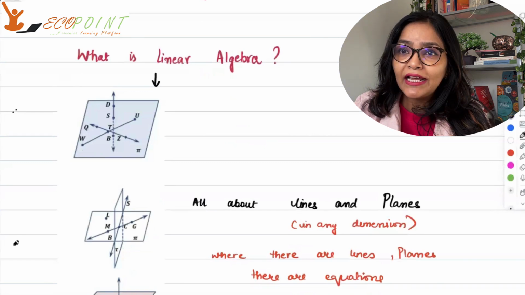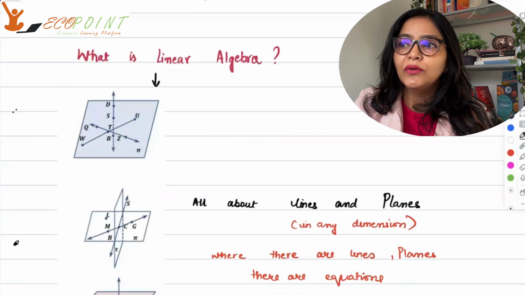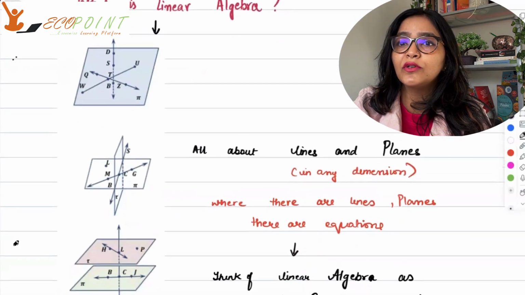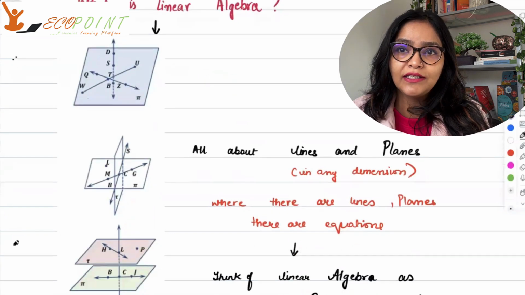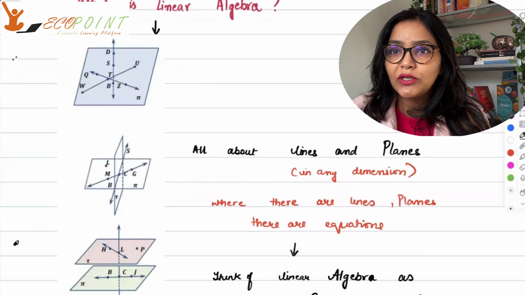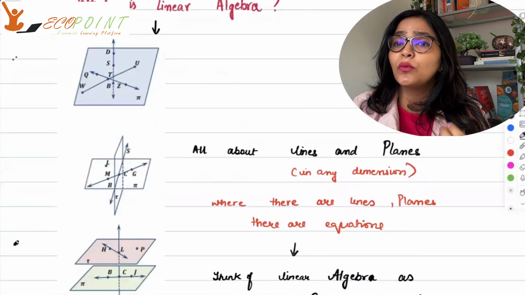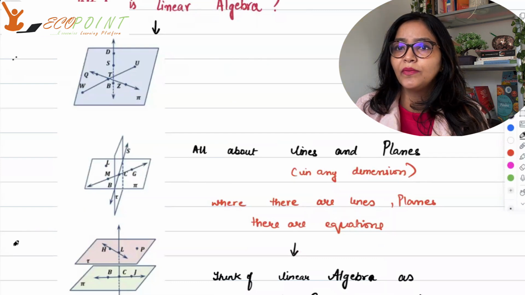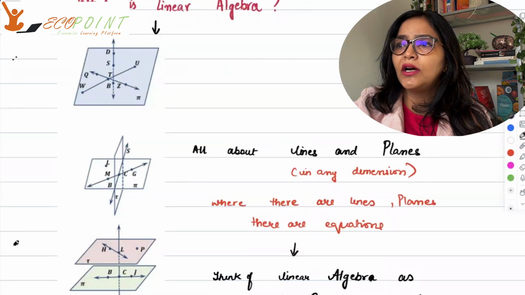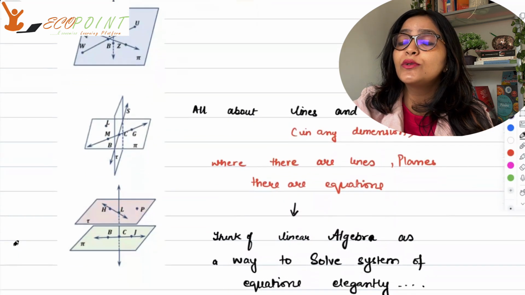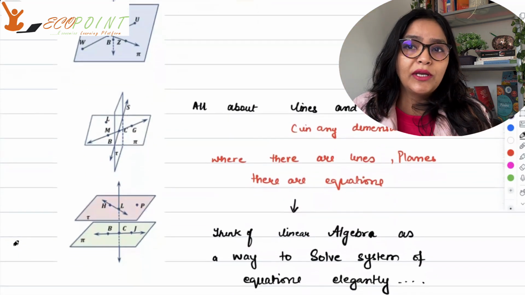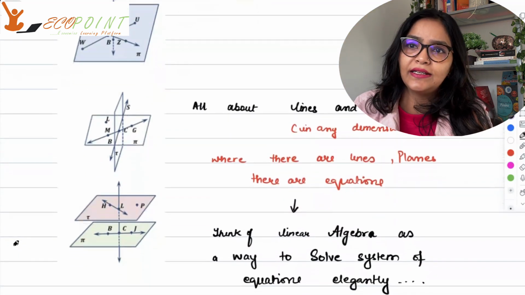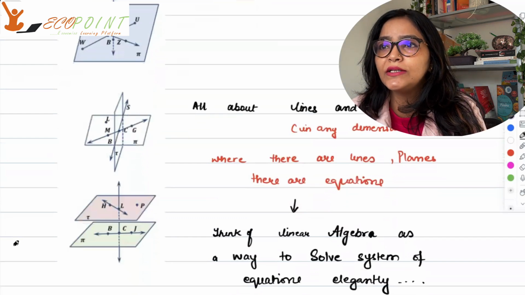And wherever there are equations, you want to look out for solutions to find for those given equations. What variables, what values satisfy those equations, right? So think of linear algebra as a way to solve system of equations and more elegantly. That's what linear algebra is all about.